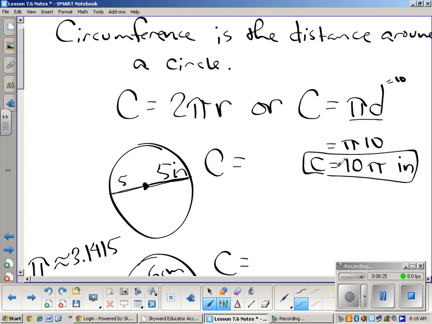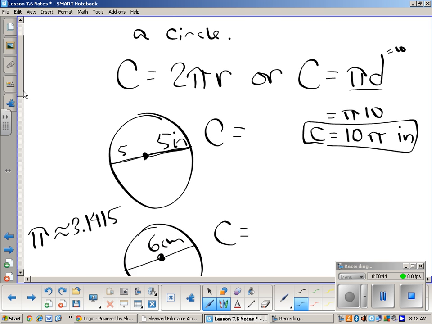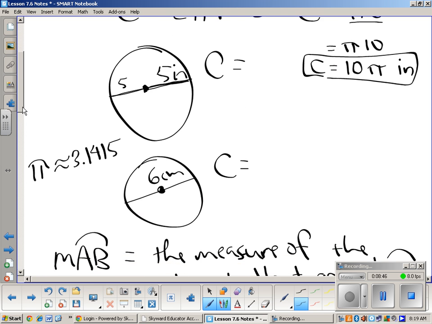If they say to round to the nearest tenth, then feel free to use the pi button on your calculator and say 10 times pi, and then round it off. 31.4. Okay? You have to be a little bit careful. If they say to use 3.1415, then you really need to use 3.1415.